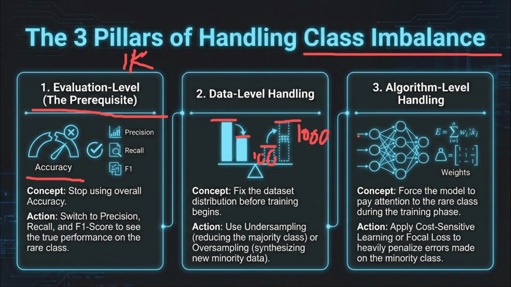Like for example, in a neural network, they have back propagation. Back propagation is nothing but whenever it makes a mistake, it goes back and updates its weights to correct that. In that back propagation, whenever it makes a mistake on the rare class, the penalty it gets is higher than its mistake on the majority class.